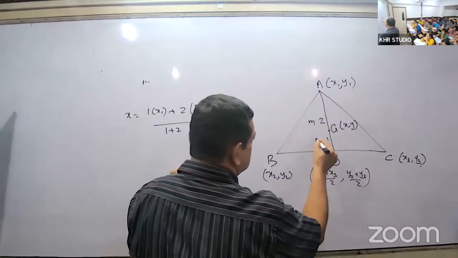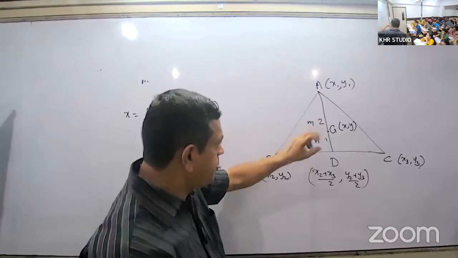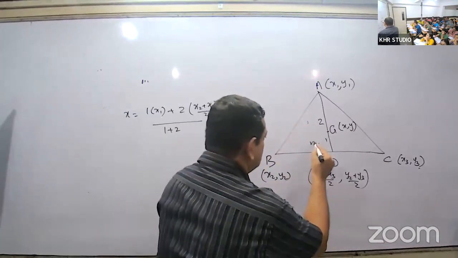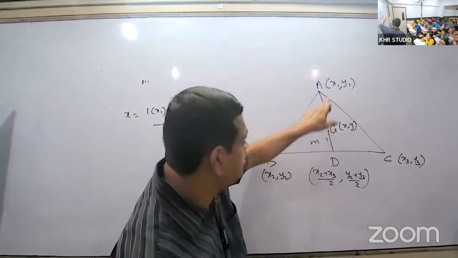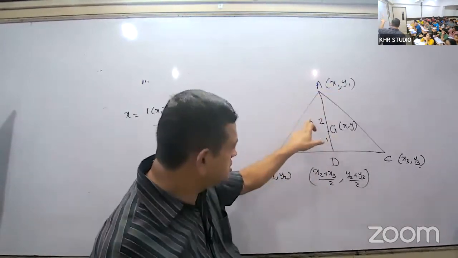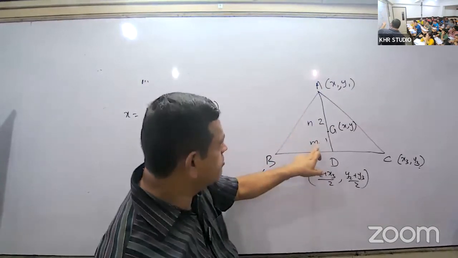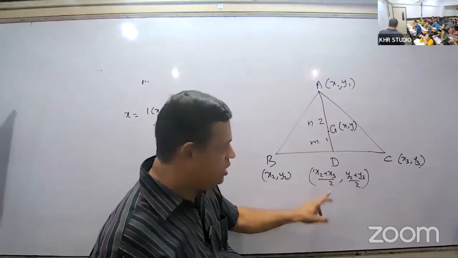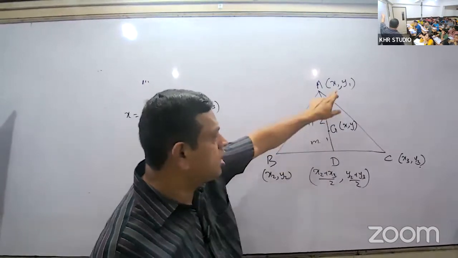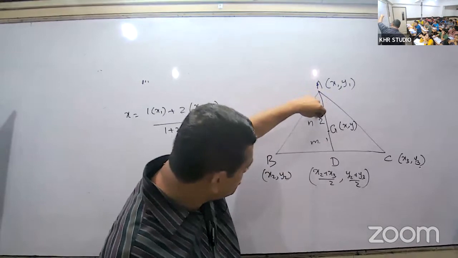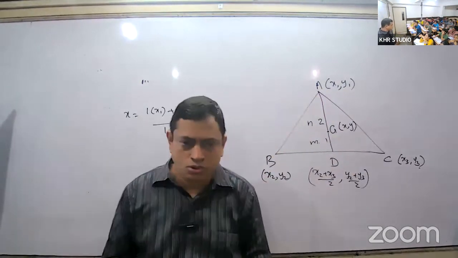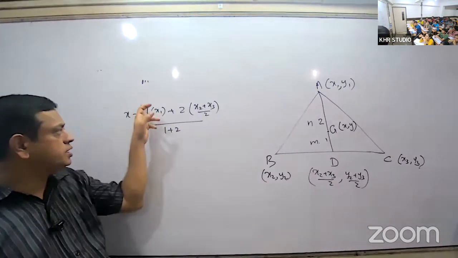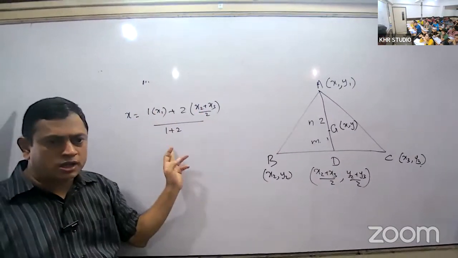This is M, this is N. Any order you can pick: M x1 plus N x2. So M is 1 and N is 2. That is your formula: M x2 plus N x1 divided by M plus N.